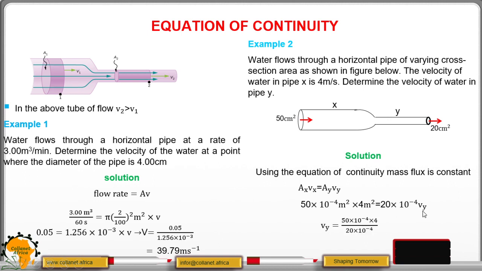So we want Vy now, so we divide through by this value here, and when you do that calculation with your calculator, you will get that the velocity in this region is 10 meters per second. So as you can see, the velocity on this side is higher as compared to the velocity on this side.